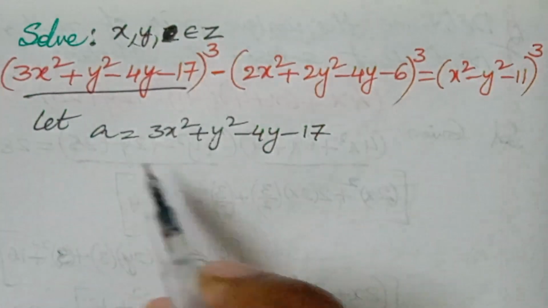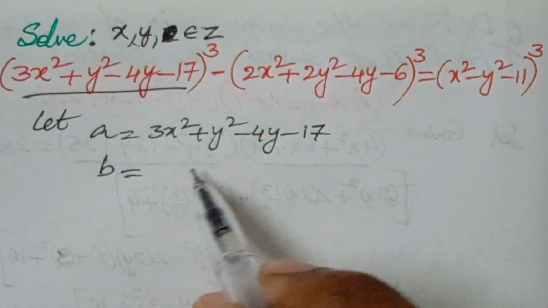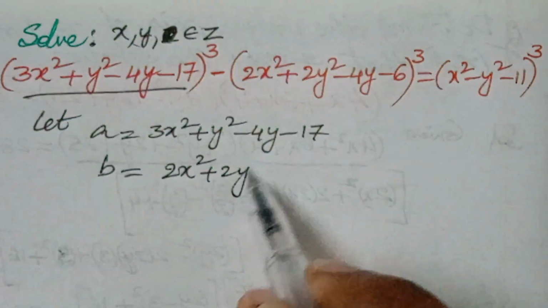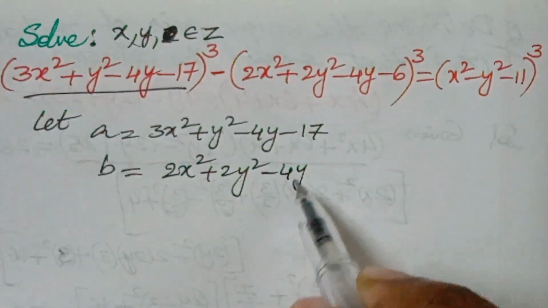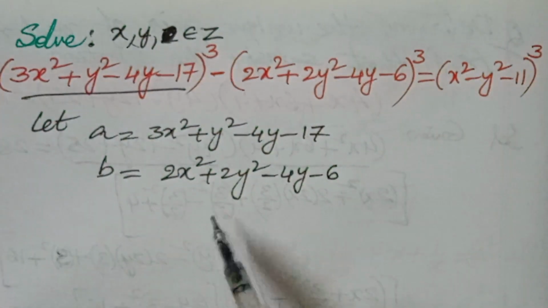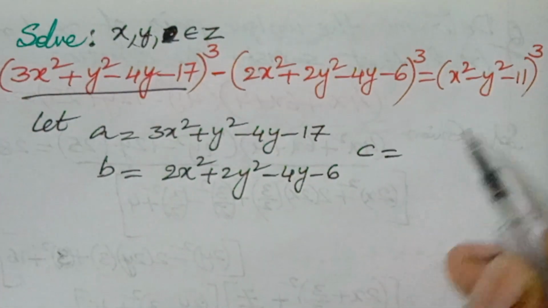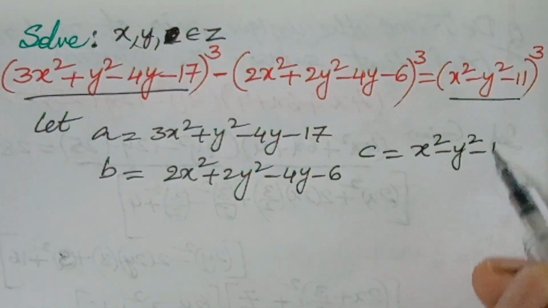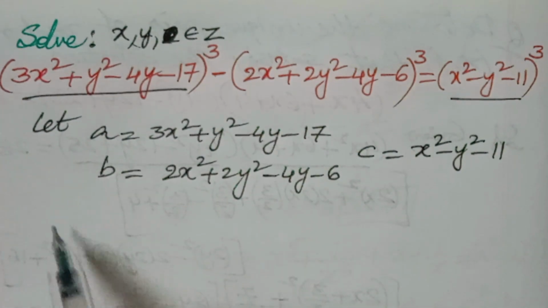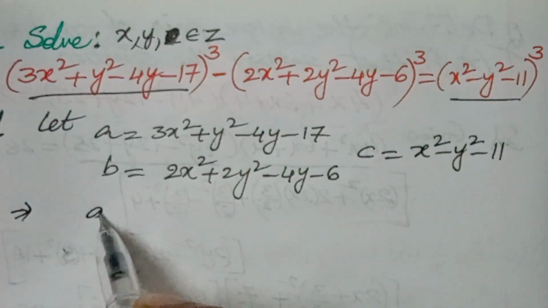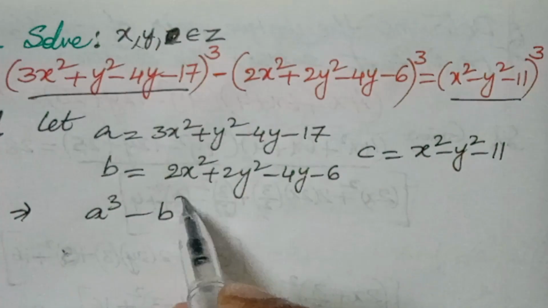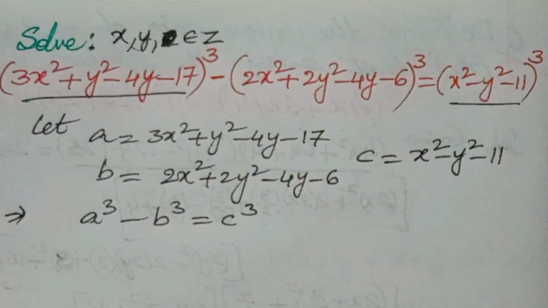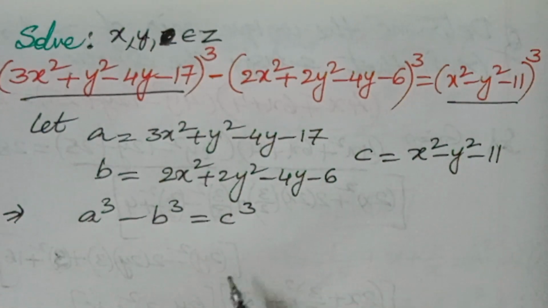The second bracket we take as b, which is 2x² + 2y² − 4y − 6, and the third one we take as c, which is x² − y² − 11. Now it changes to a³ − b³ = c³.